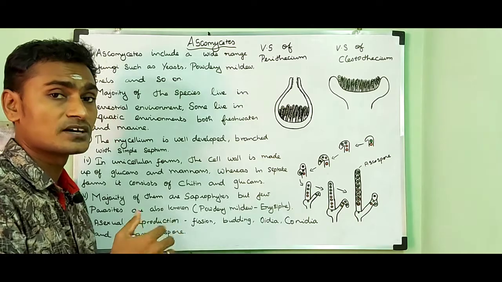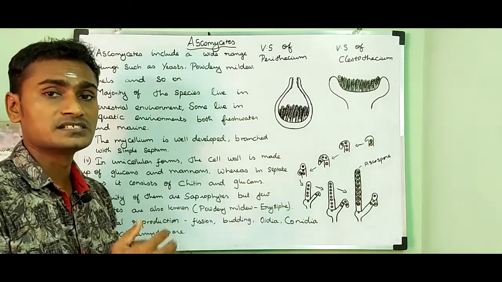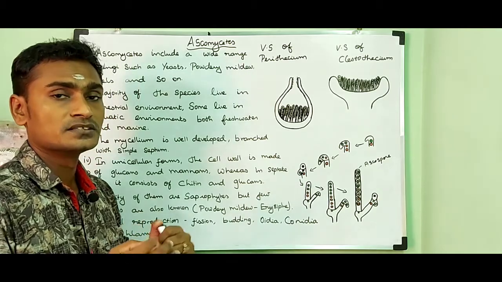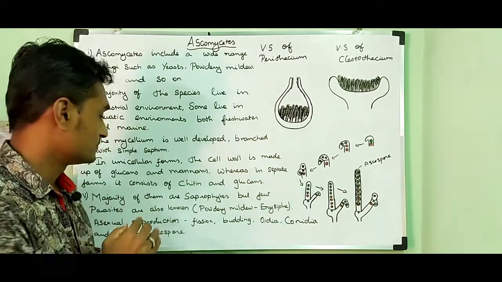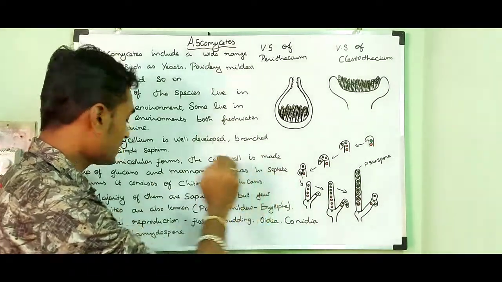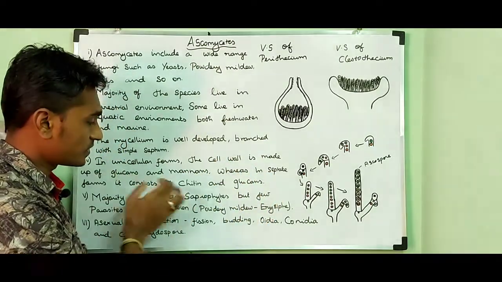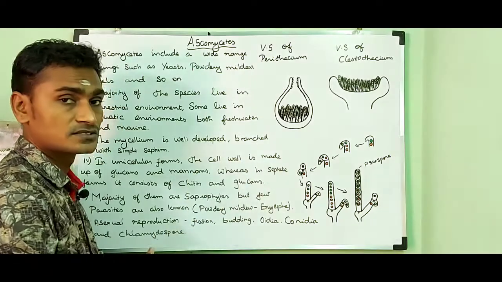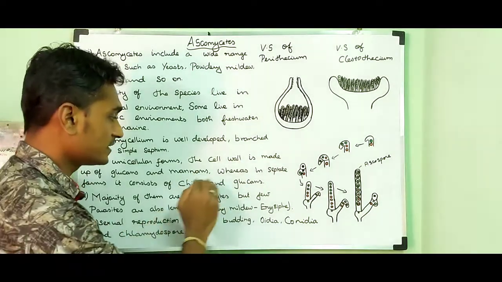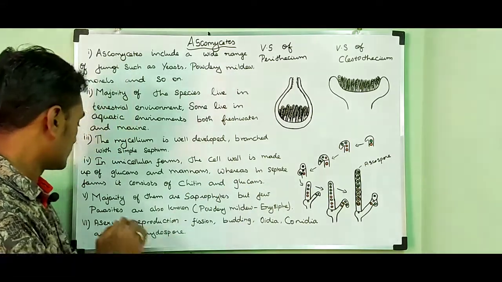Yeast is an example of a unicellular fungus, so the yeast cell wall is made up of glucans and mannans, whereas in septate fungi, it consists of chitin and glucans.